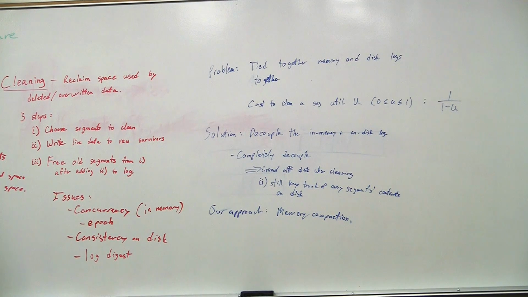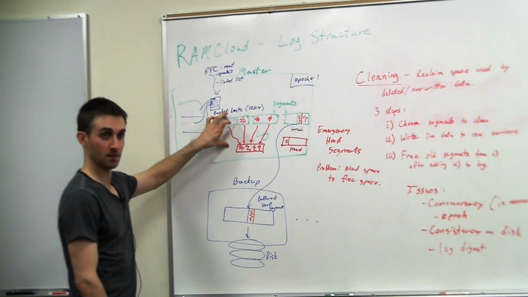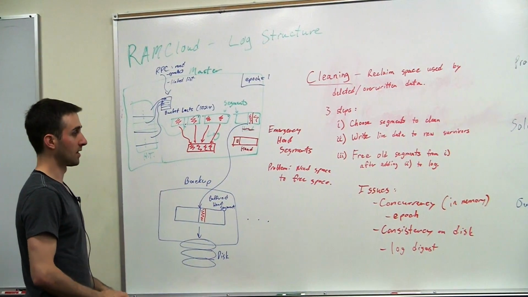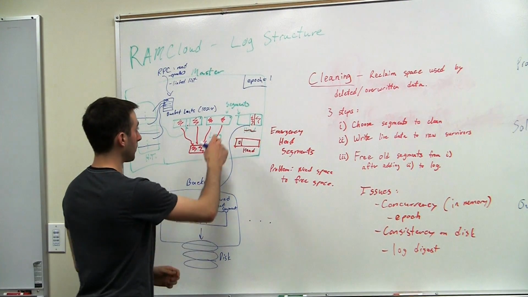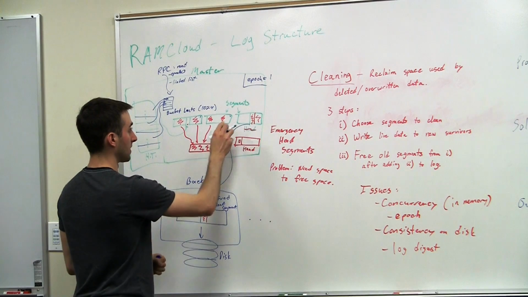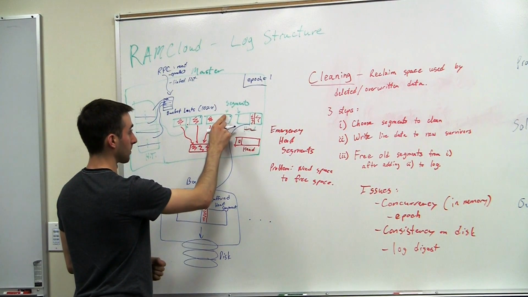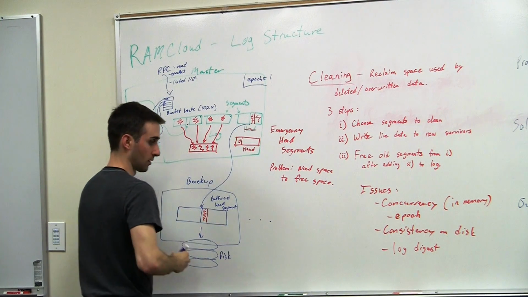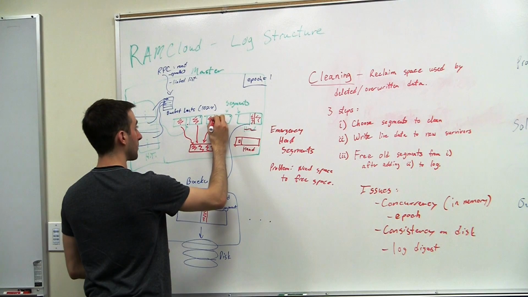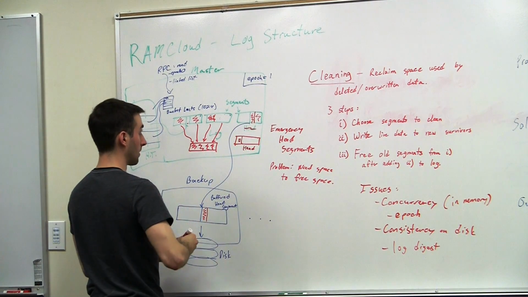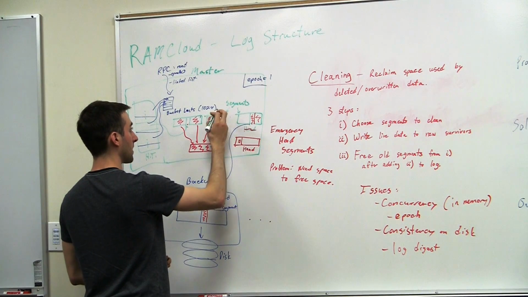We have the old cleaner, which we call the combined cleaner now because it frees space in memory and on disk. And then we have a memory compactor. What the memory compactor does is it will run and squeeze out the free space in a single segment. So for instance, if we chose to compact this one rather than clean it, it would move all the live data to the front of the segment, and then free the space used at the back of the segment.